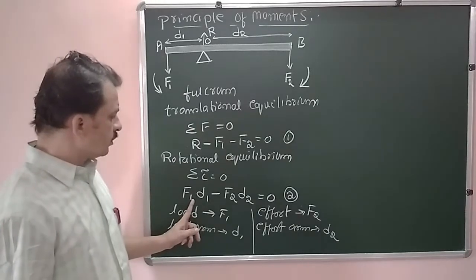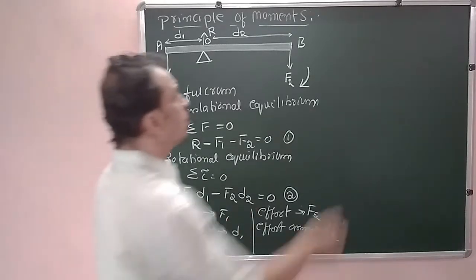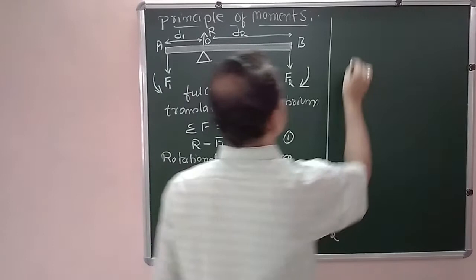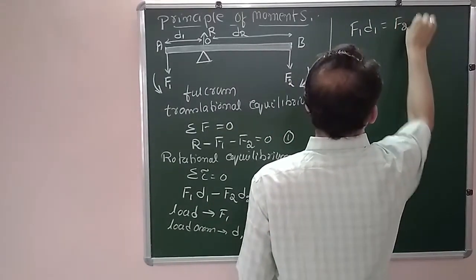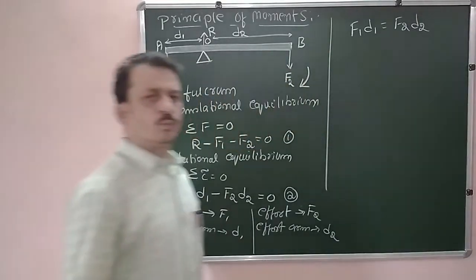So therefore, from equation 2 we can write F1 d1 is equal to F2 d2.